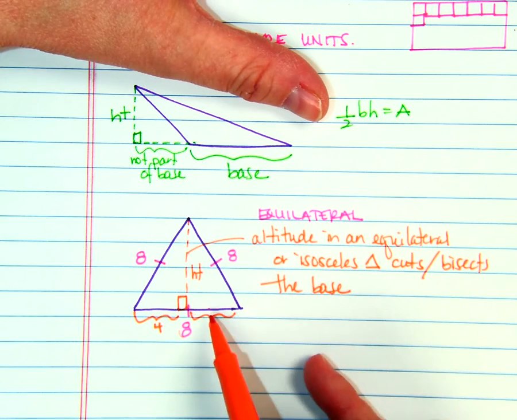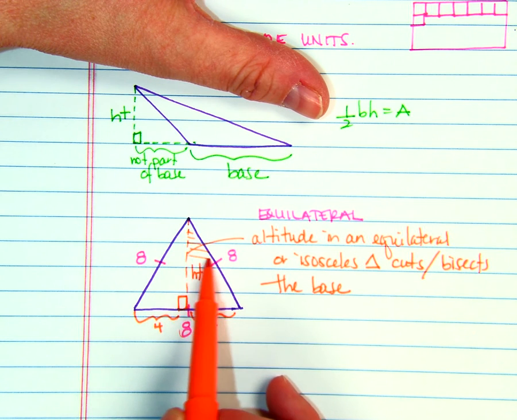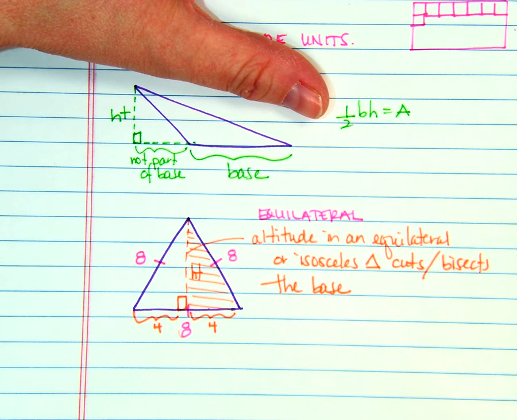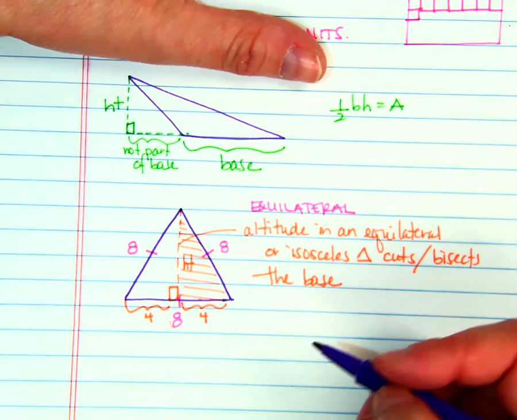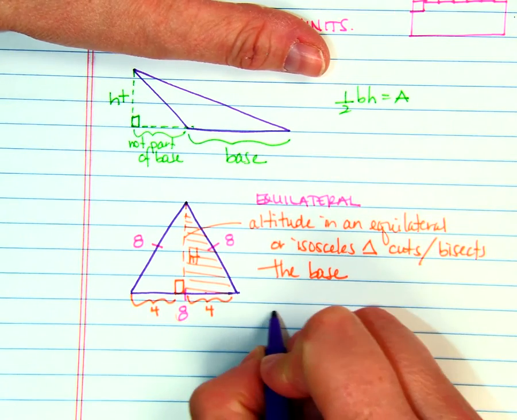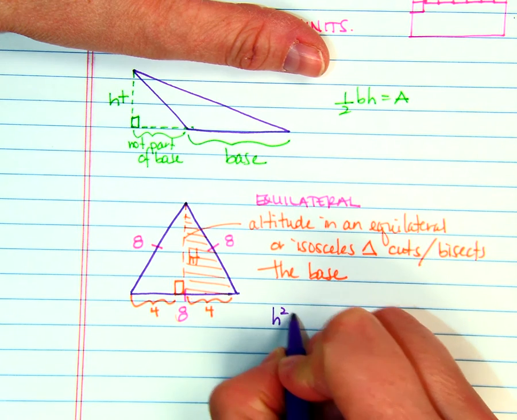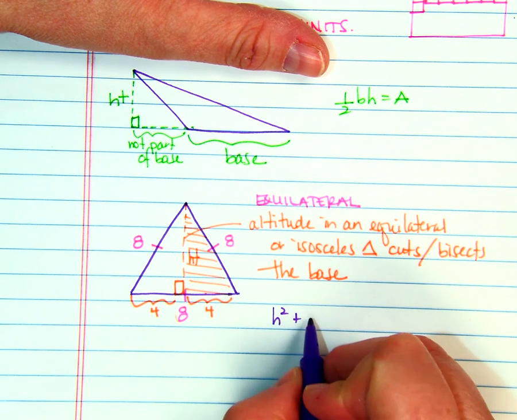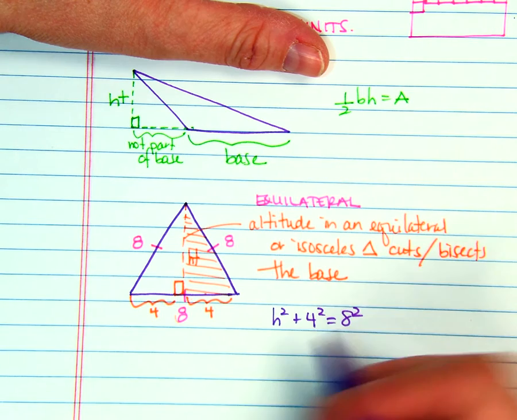And if we're still looking for the height, this forms a right triangle. So we can go right back and figure out what the height is by using the Pythagorean theorem. So the height is going to be a leg. So the height squared plus my other leg squared, which is 4, equals my hypotenuse squared.